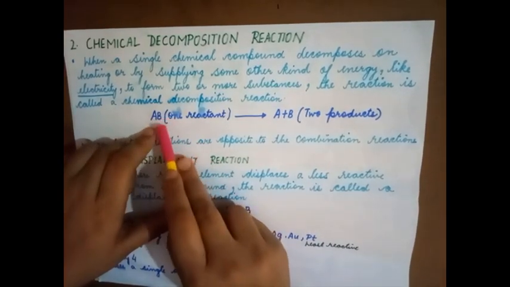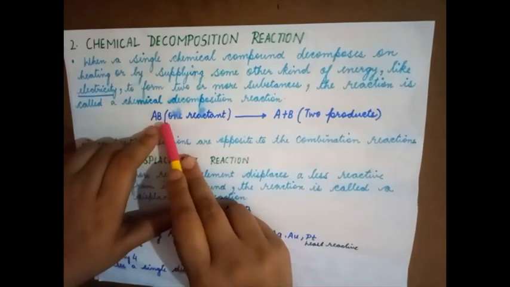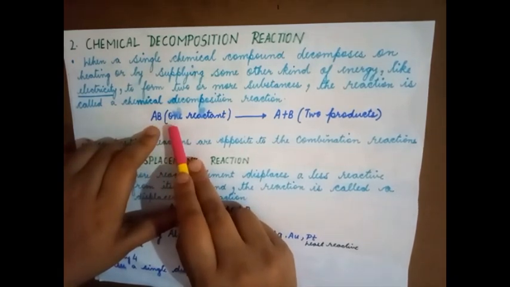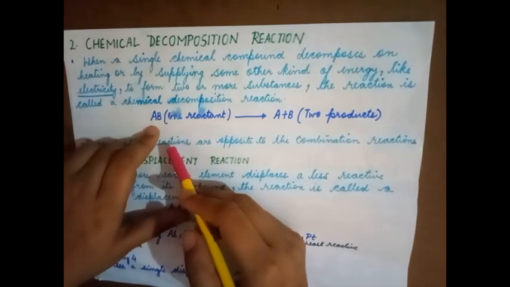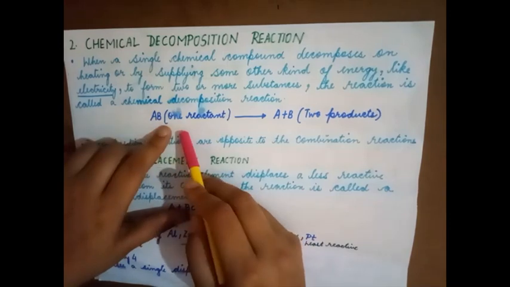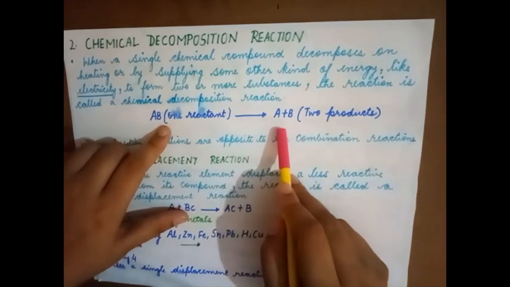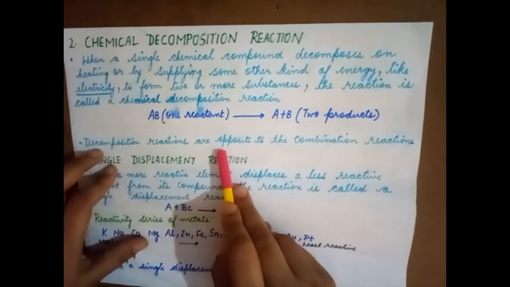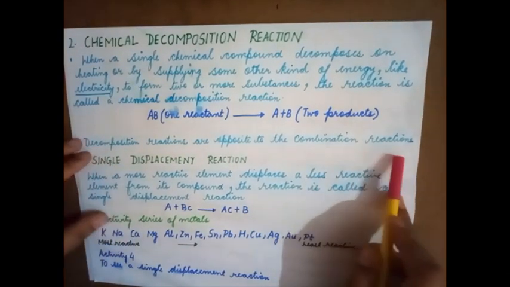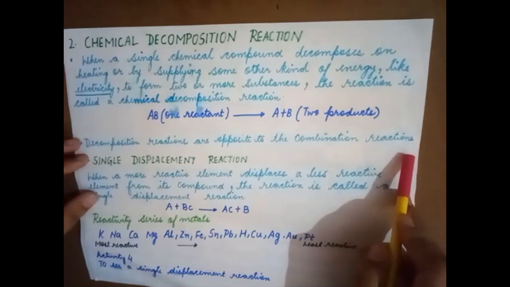It is just one reactant that is involved. Now this can decompose or break down either in presence of electricity or in presence of sunlight. It can break down to give rise to two products, that is A and B. Now decomposition reactions are opposite to the combination reactions.